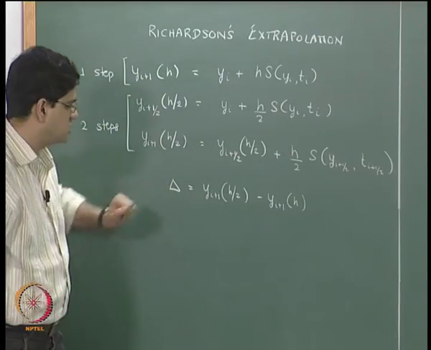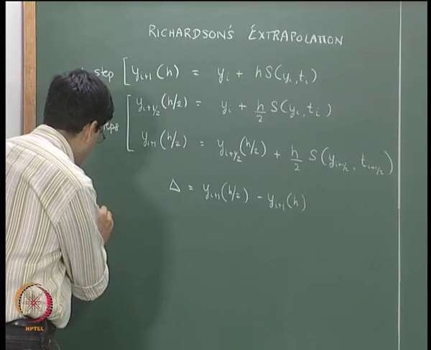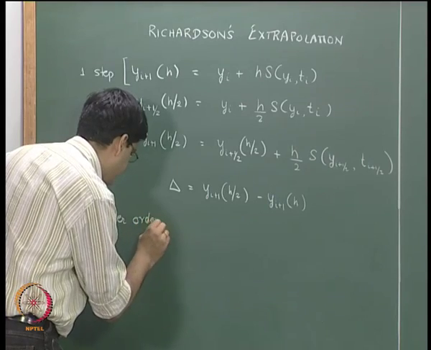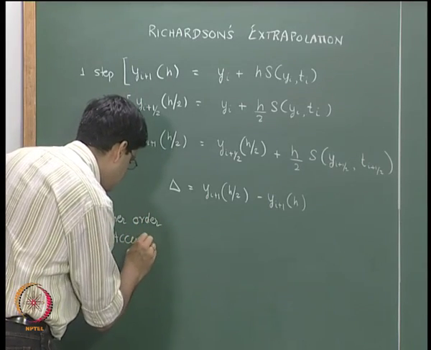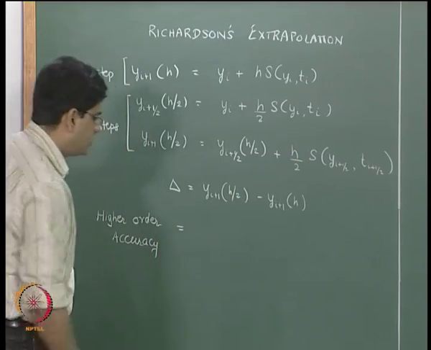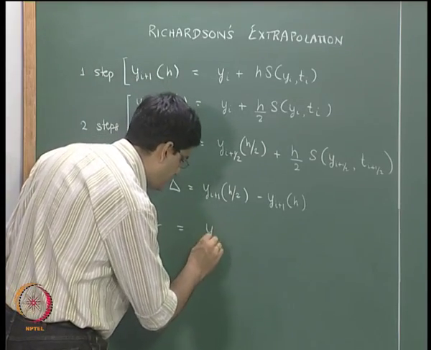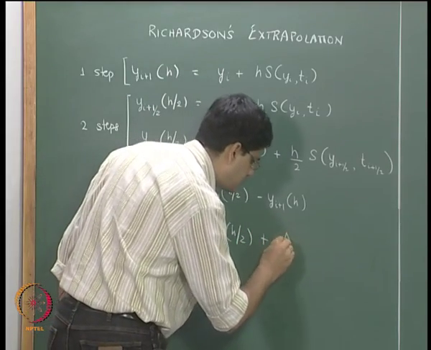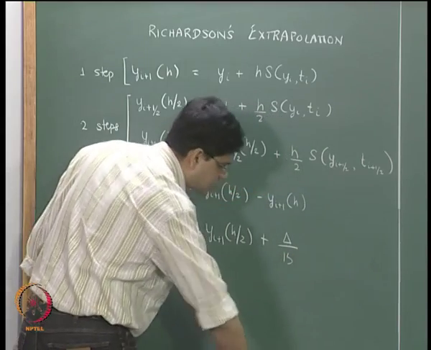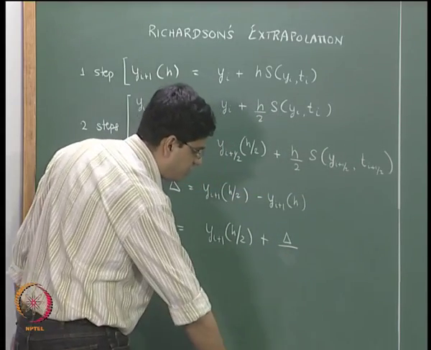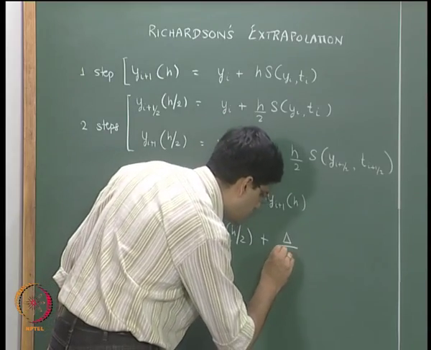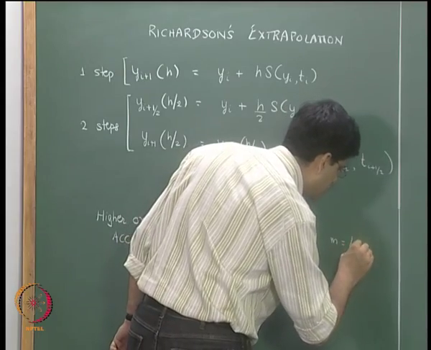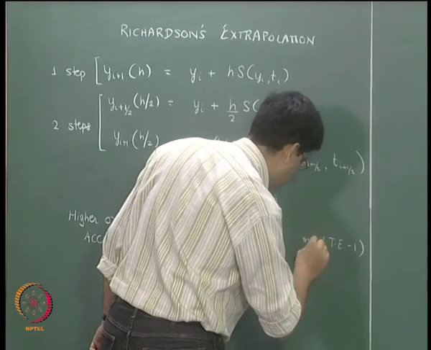In Richardson's extrapolation what we do is that a higher order accurate solution can be obtained as yi plus 1 h by 2 plus delta, actually not delta, delta by 15. The value of 15 was for the RK4 method, 2 to the power m minus 1, where m is the local truncation error exponent minus 1.